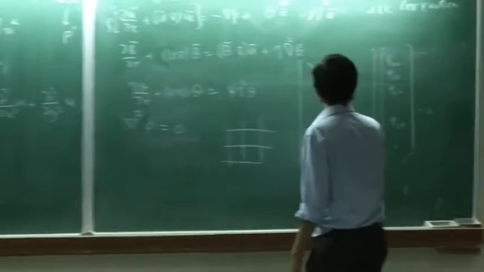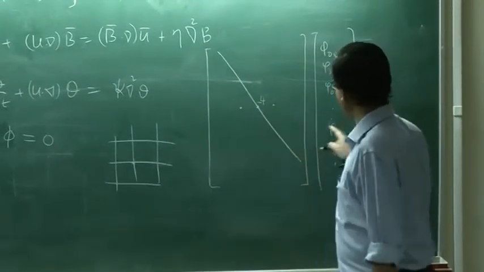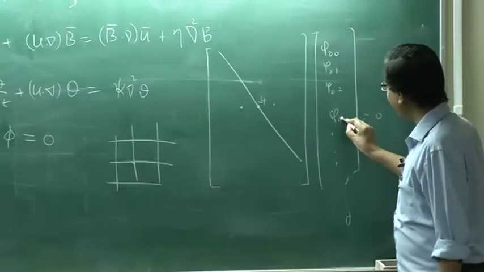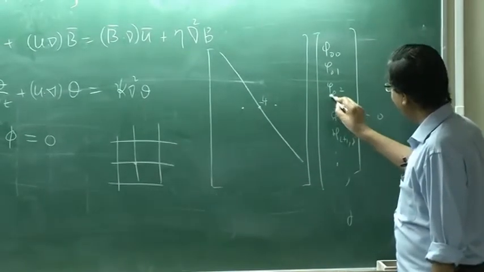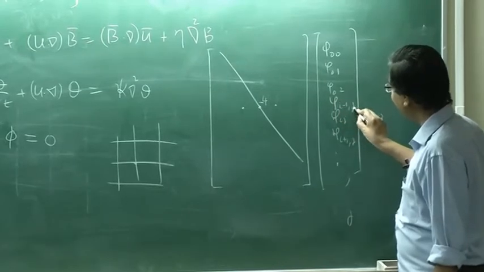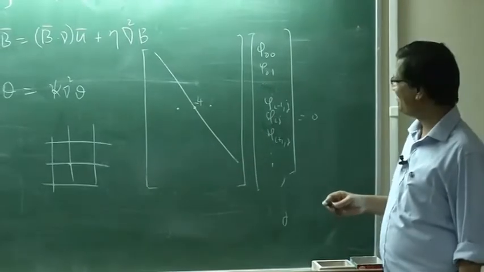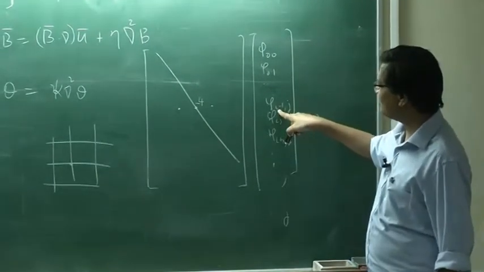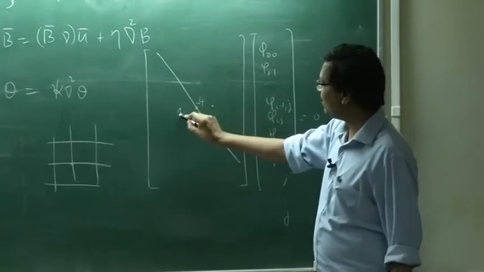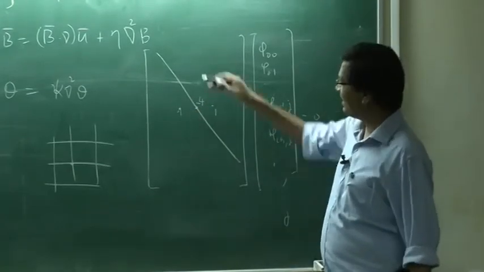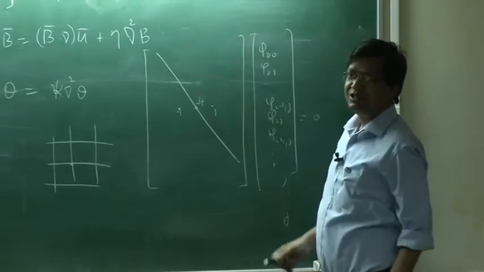So, you see there is a phi ij, phi i plus 1 j, phi i minus 1 j. Okay, people sitting in the back should come in front. So, this i minus 1 j will be here. So, this is 1 and this is 1. So, the entries are minus 4, 1, 1, but there are two more entries.